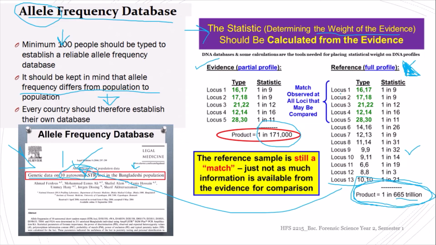So now using this reference, we can compare once you have your evidence and see how your evidence compares to the reference profile. So the reference sample is still a match, just not as much information is available from the evidence for comparison.